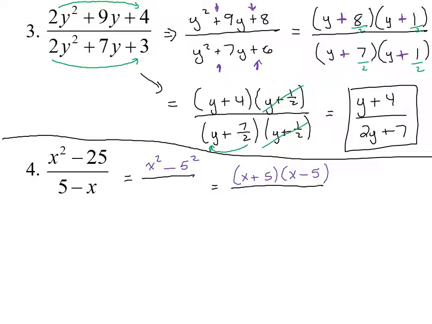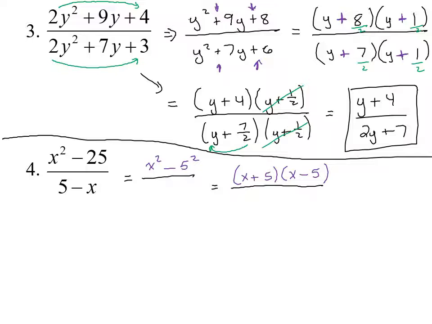Now the bottom has absolutely nothing in common. You can't really do anything with it, except that if I want it to cancel, I can't have 5 minus x. I'd rather have x minus 5. So anytime you want to reverse a polynomial like this and make it go x minus 5 instead of 5 minus x, you take out a negative 1.